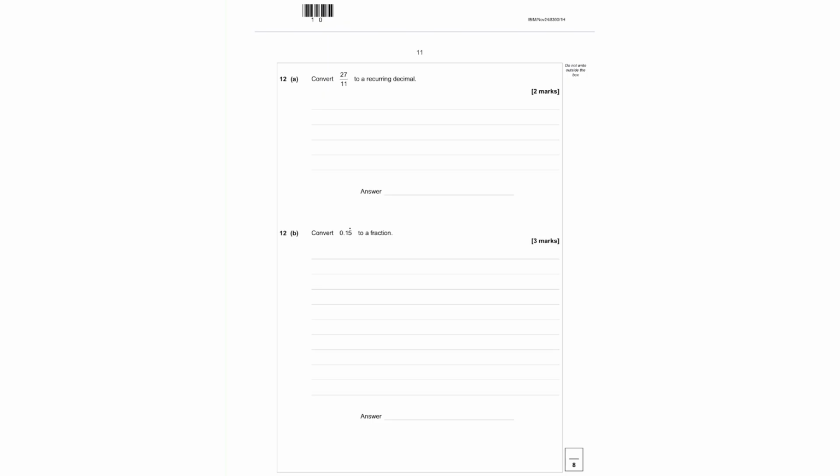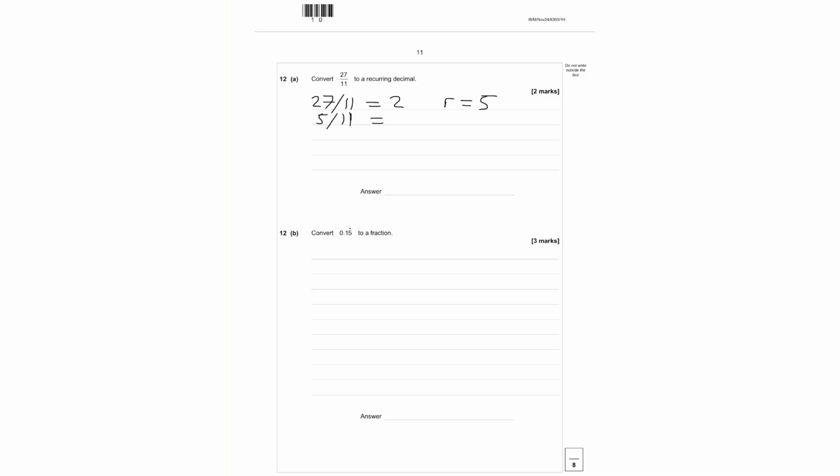So the way I would do this is we start off at a high level with 27 over 11, which gives us a value of 2 and a remainder, which I'm going to call little r, of 5. So 11 times 2 is 22, and then we have a remainder of 5. So the next question becomes, what is 5 divided by 11?